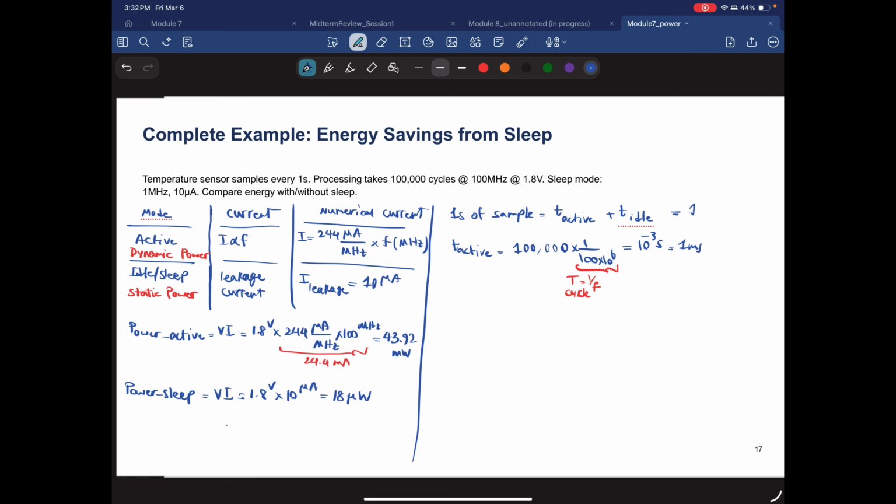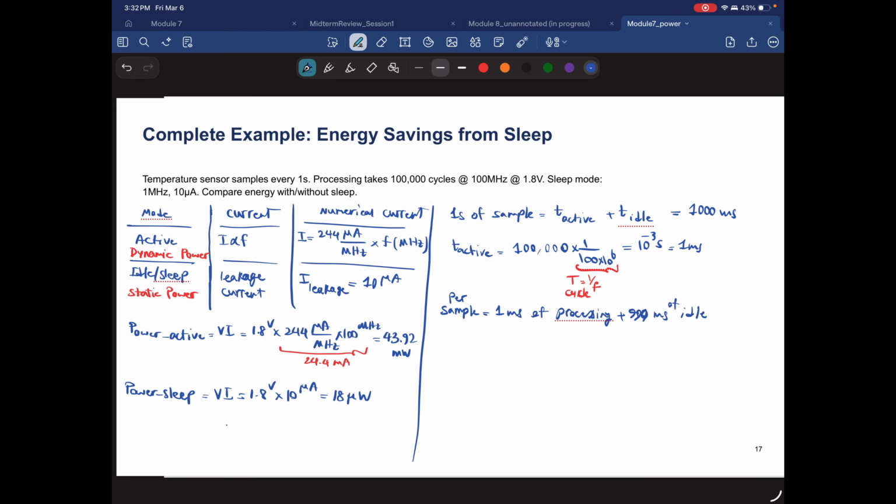And 1 second is 1,000 millisecond. So per sample, we spend 1 millisecond of it processing, and 999 millisecond of it, we are idle.